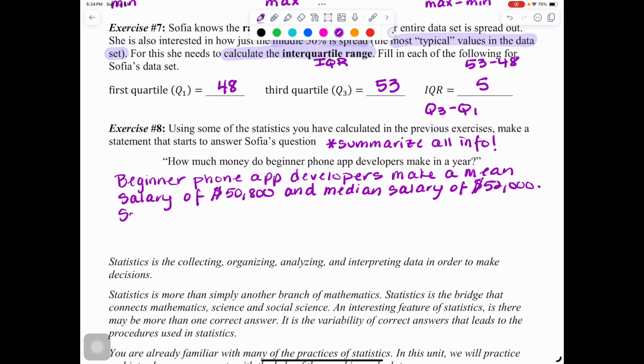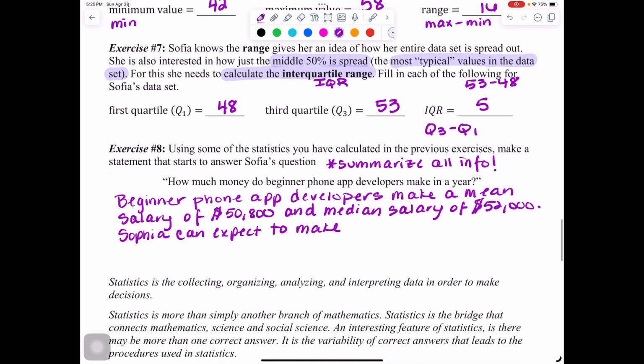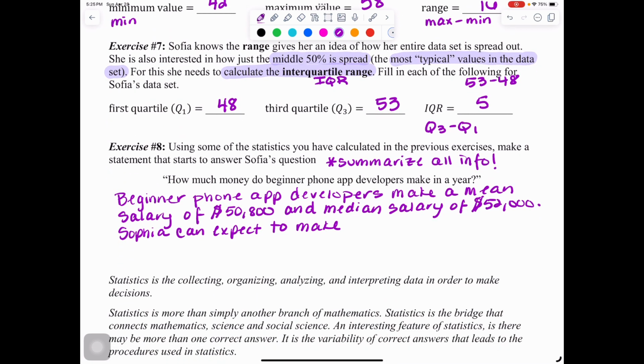So Sophia can expect to make, so we'll take a look at the next thing we found, min and max. So we know Sophia can expect to make a minimum of $52,000.